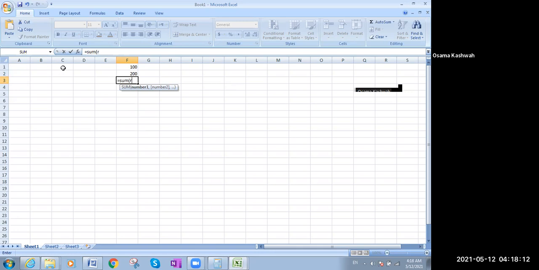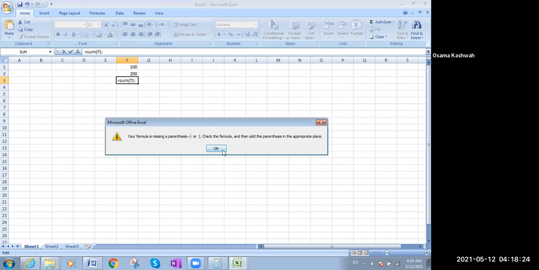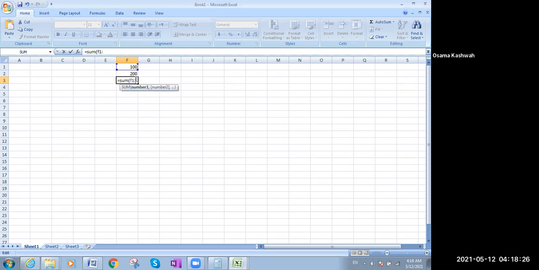So F1, then F2. Then I will close the bracket. Then press enter, it gave me 300. That's how it works.